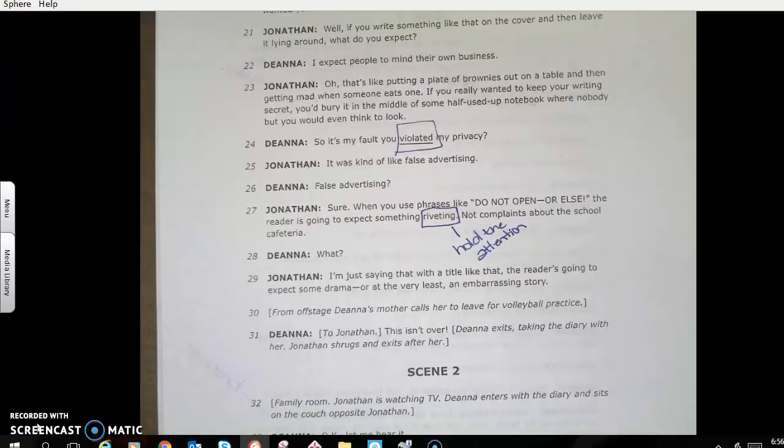So you have to go through the first meaning where it's talking about a metal bolt. Obviously, he's not using that in that context. He's using it in definition 2, to engross or to hold the attention. So he's saying that when you put something like do not open, or else, the reader is going to expect something that's going to hold their attention, not just a complaint about the school cafeteria.